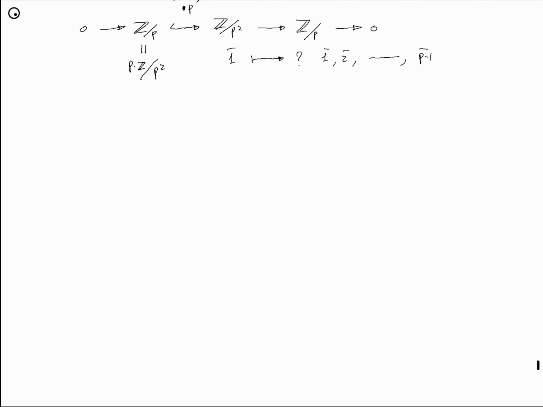What does this mean? This means that I've constructed already P minus 1 extensions, each one of this form, multiplication by I. So this is Z linear. Once you determine what is the image of 1, you determine it. This means 1 is mapped to I. And somehow I also have to show that I'm claiming they correspond to P minus 1 different equivalence classes.